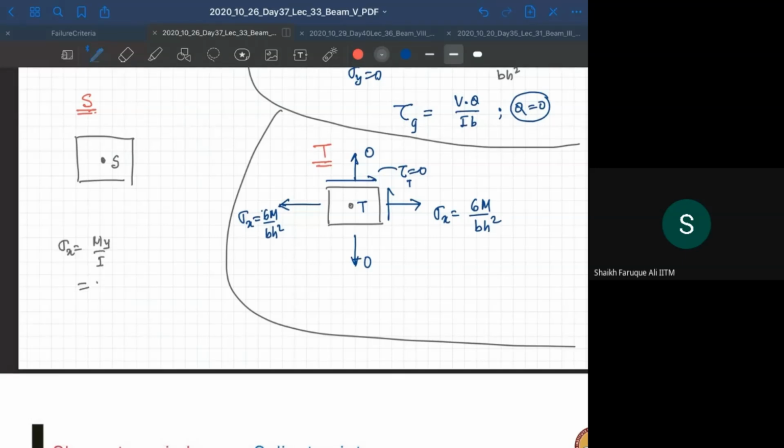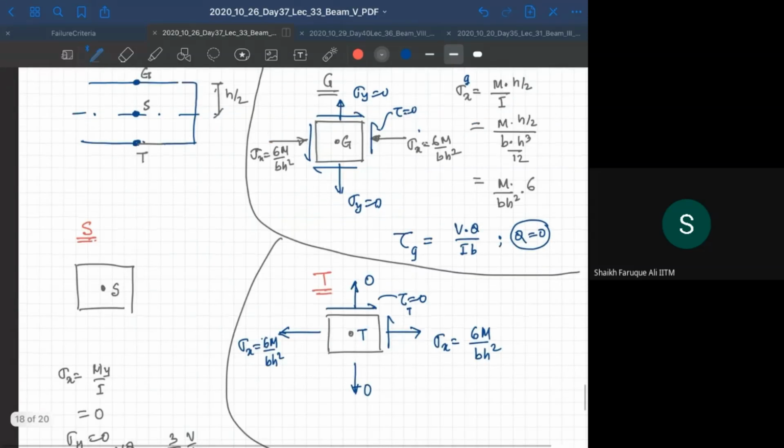It's 0, right? So sigma x is going to be 0. Sigma y equal to 0, and tau V Q by I b, which we just calculated for a rectangular section, is 3 by 2 V by A. So it's going to have only shear. Tau is equal to 3 by 2 V by A.